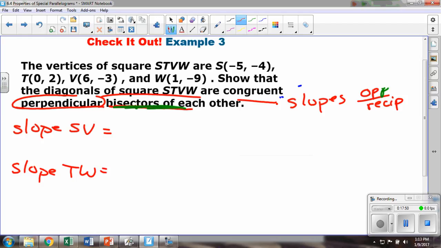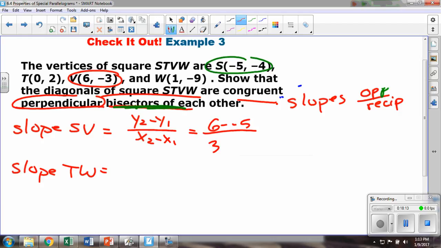Okay, so what was our slope formula? So once again, we've got the formula. We're just going to plug in the numbers. And so we would have, again, using S and V, 6 subtract -5, 3 subtract -4, gave us 11 over 1. There's our slope.